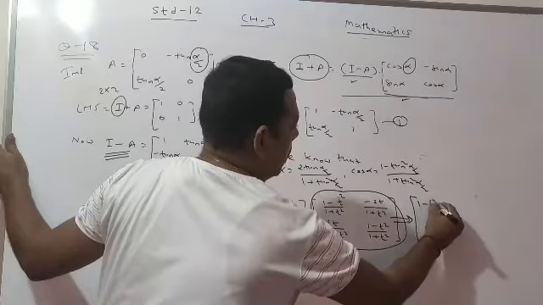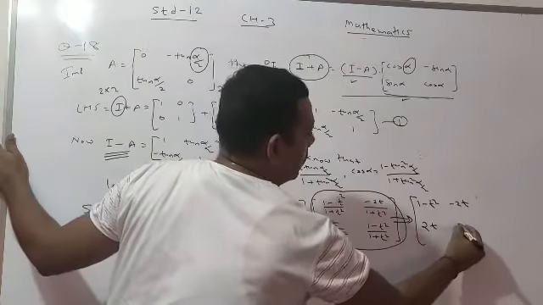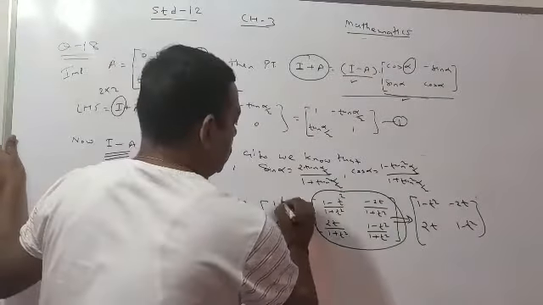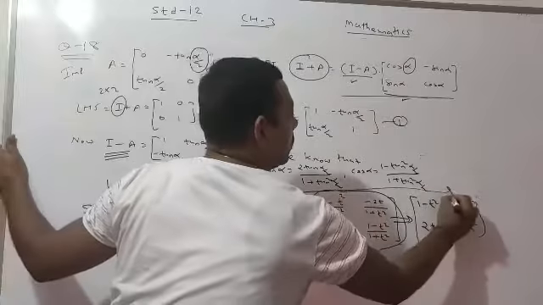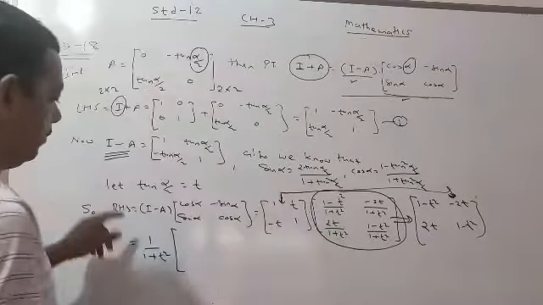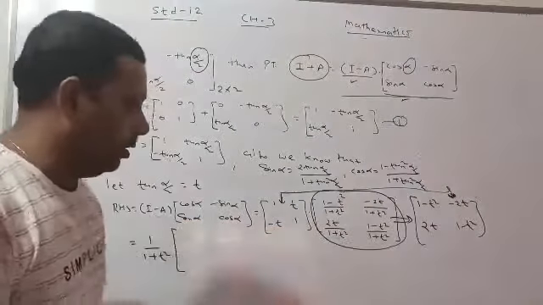So it is 1 minus t square, minus 2t, positive 2t, 1 minus t square. So now I have to multiply this matrix to this matrix. Only these two matrices now multiply, because 1 plus t square we take common from all the denominators.